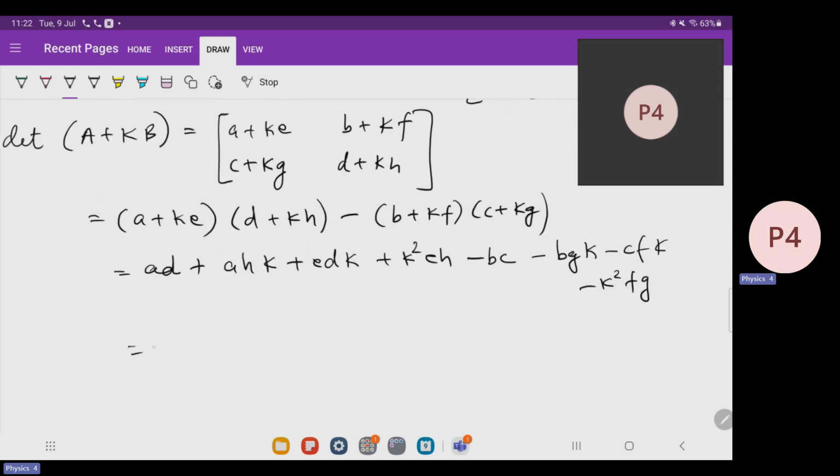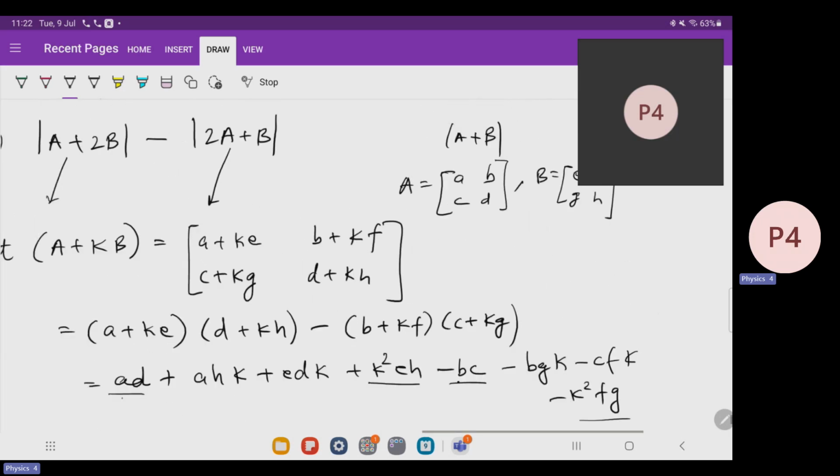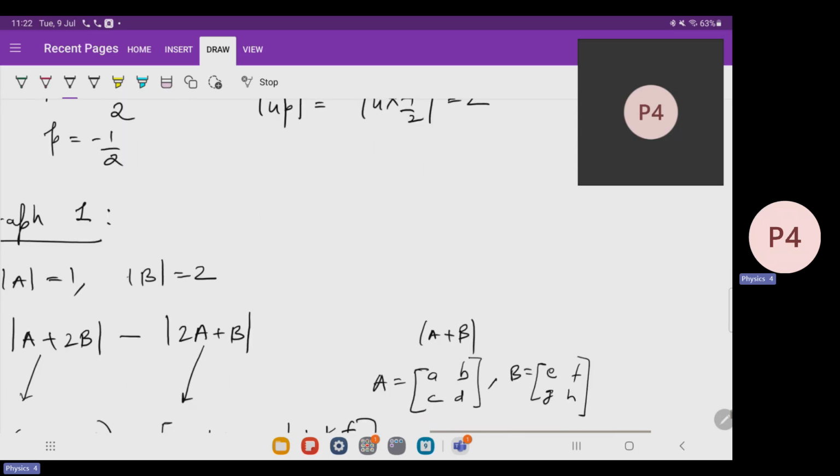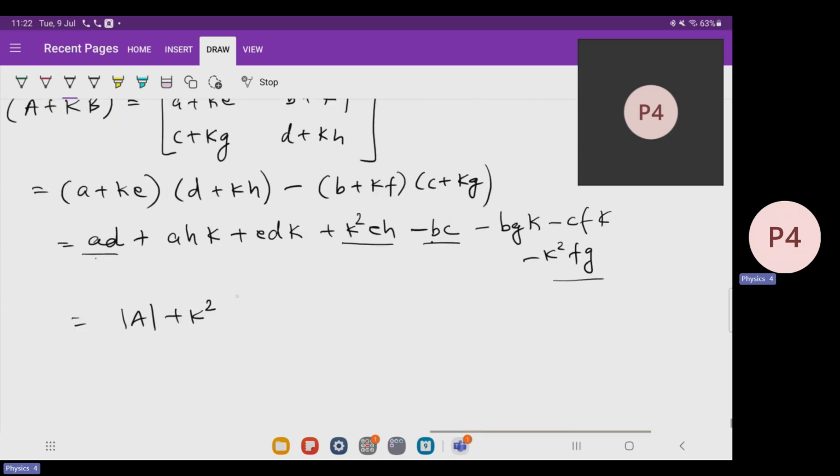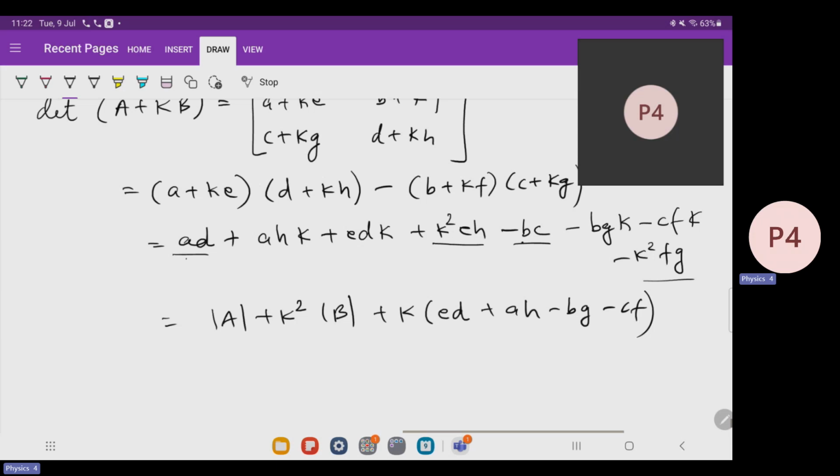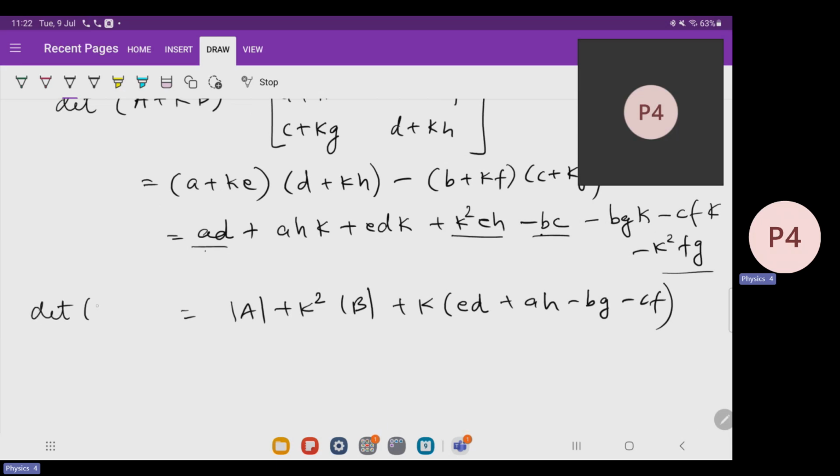Now if you see AD minus BC, that will become determinant of A. From these two terms, if you take K square common, that is EH minus FG. So EH minus FG is determinant of B. Then K times all the remaining terms ED plus AH minus BG minus CF. This is determinant of A plus KB.